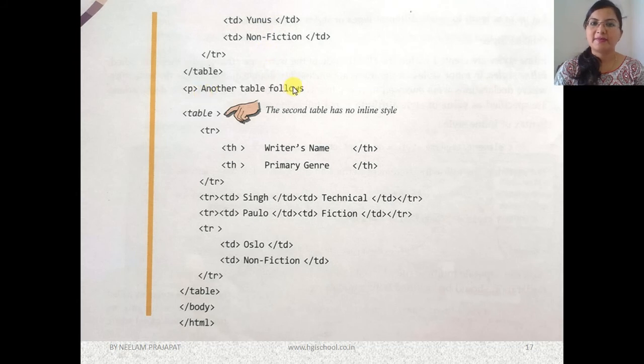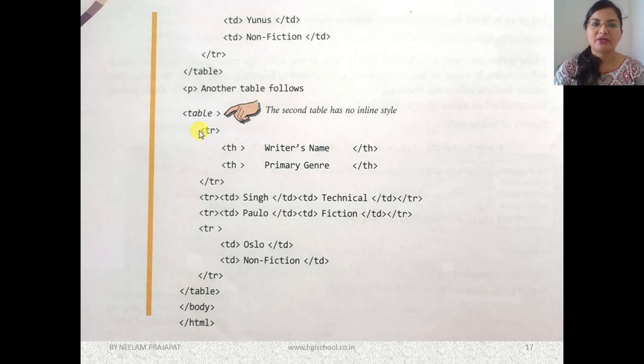After that there is a paragraph, and again there is a table. You can see there is no inline style here. This is a simple table, so that we can differentiate. So there are two tables in the program, one table with style and one table without style.